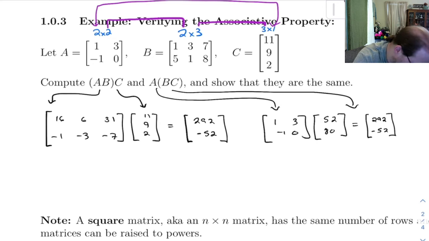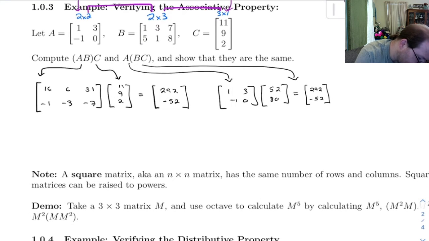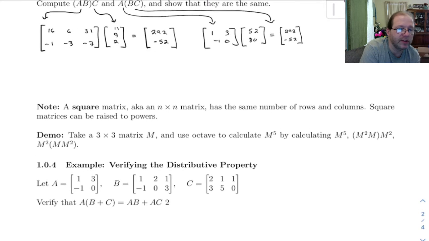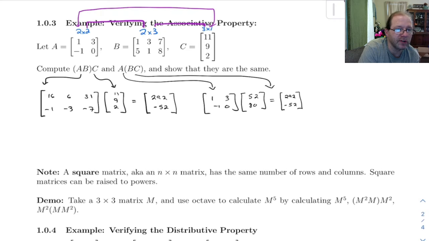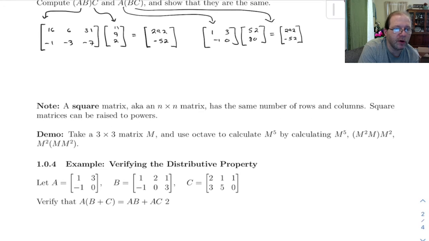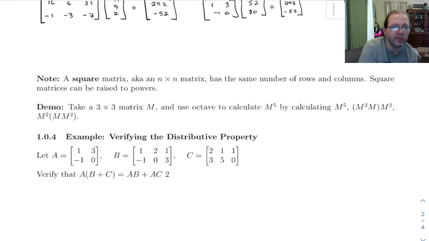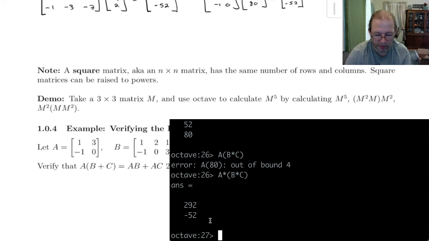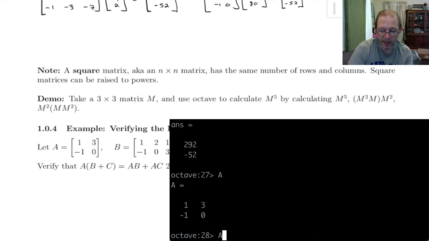Now this brings up an interesting thing. A square matrix is a matrix where you have the same number of rows and columns. In this example up here, A was a square matrix, but the other two weren't. Those are the only matrices that you can raise to a power. In Octave, my matrix A, I can square it if I want to, or raise it to the 10th power.